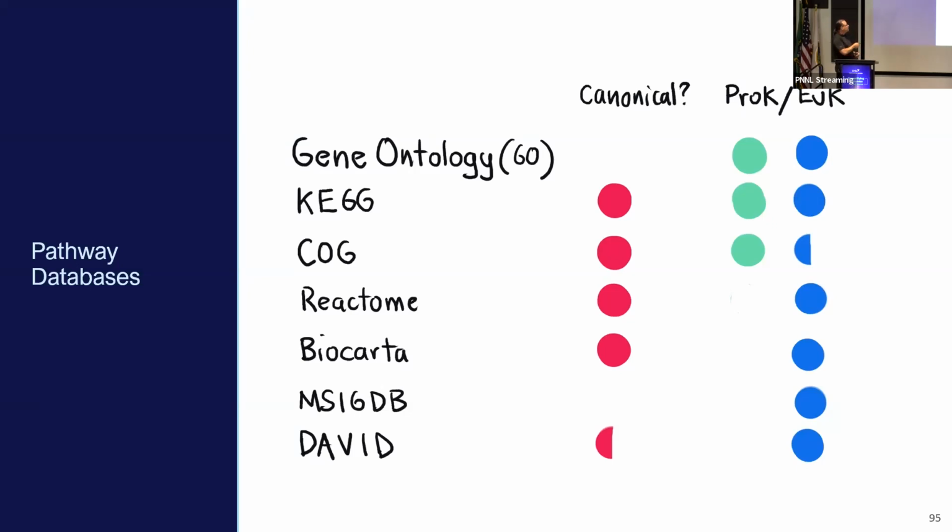Gene ontology, and I won't talk in depth about all of these. I'm just going to go over a couple of them. Gene ontology is something you might have heard. It's an ontology, which means it's like a formalized way of capturing functional labels for things, and it kind of originated from the eukaryotic side, but it's been translated, or other versions of it have been done for bacterial systems.